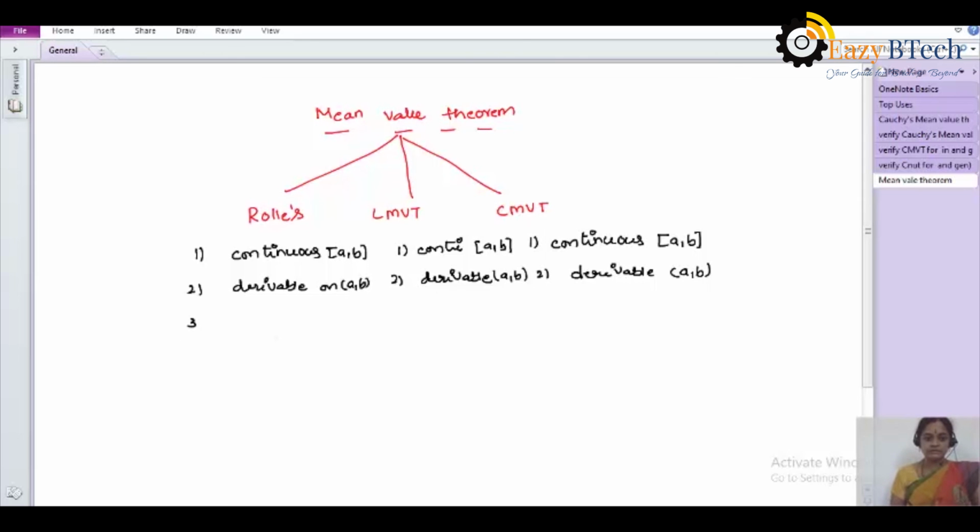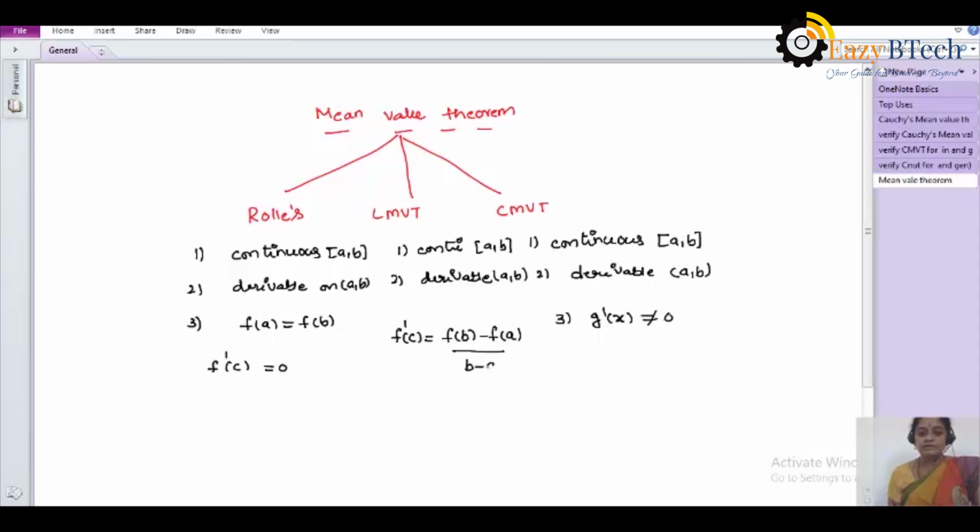In Rolle's theorem, the third condition is f(a) equals f(b), and in Cauchy's mean value theorem, the third condition is g'(x) is not equal to 0. The main condition in Rolle's is f'(c) equals 0, and in LMVT, Lagrange's mean value theorem, the main condition is f'(c) equals (f(b) - f(a)) by (b - a).